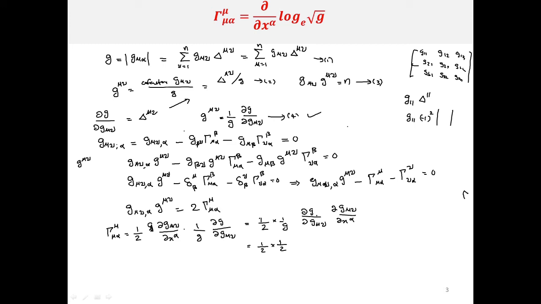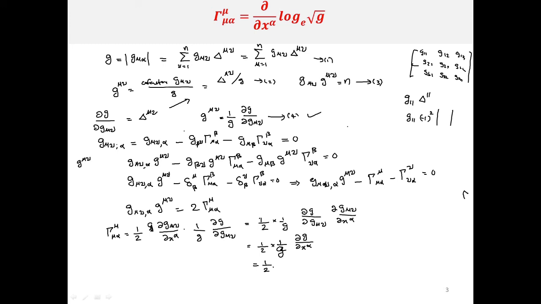When you combine these two terms, that is ∂g by ∂g_{μν} into ∂g_{μν} by ∂x^α, it can be written as ∂g by ∂x^α. So what you are getting is 1 by 2 into 1 by g into ∂g by ∂x^α. So we can make some more rearrangements.